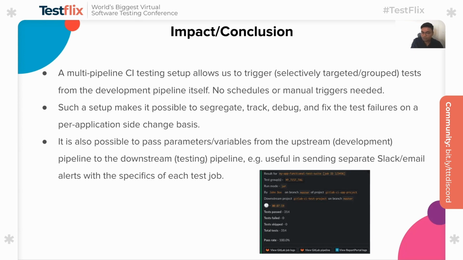As you can see, it is very intuitive and it makes it very easy to debug the test failures on a per change basis. There are also extra links for going to the GitLab job or the pipeline itself and the Report Portal logs as well, right? So this is a bit of a Slack integration that we have put into our test framework, which makes the whole thing possible end to end, right?